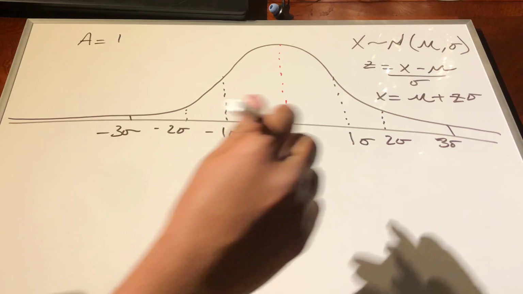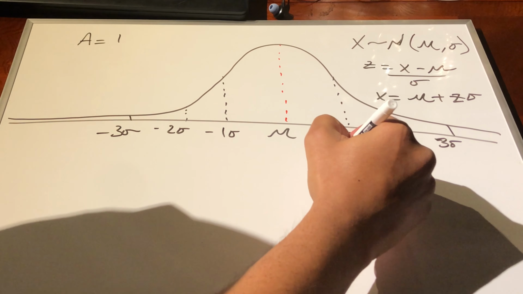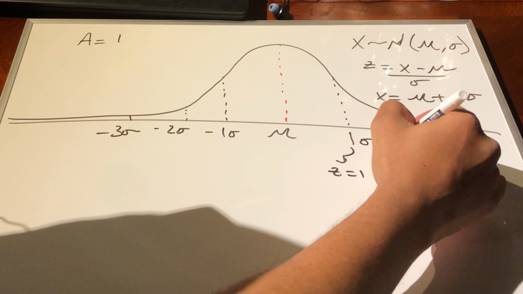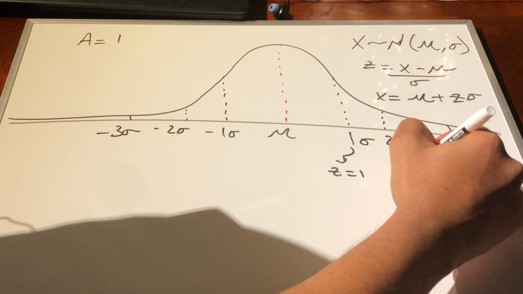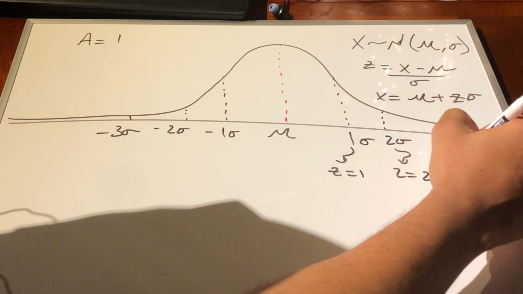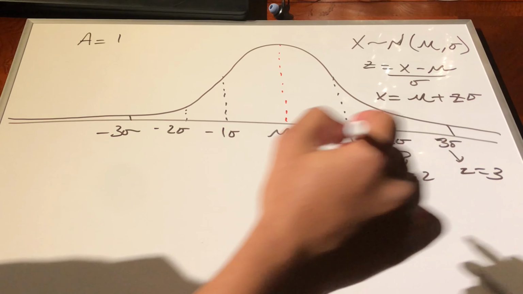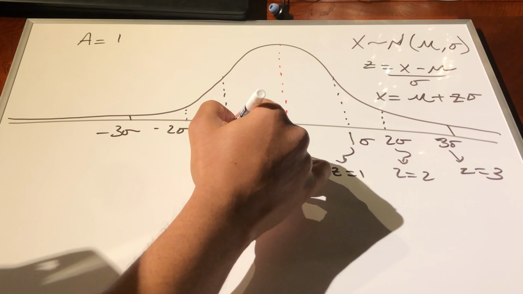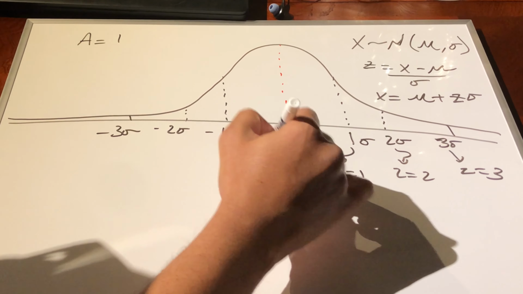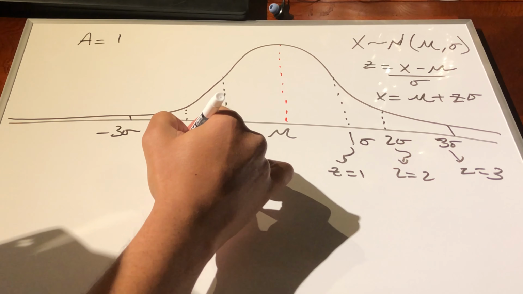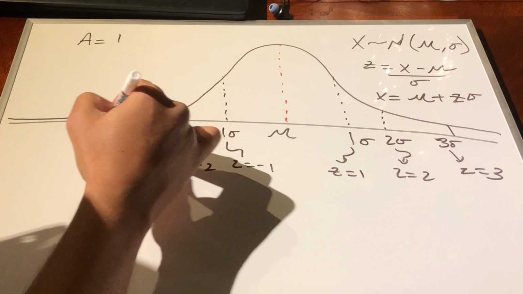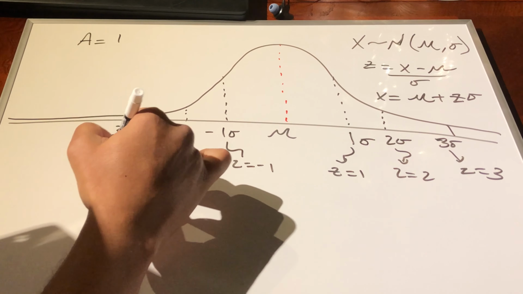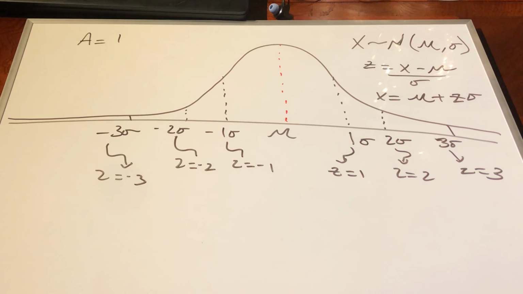Your z value for 1 would be z equals 1, this would be z equals 2, and this would be z equals 3. The same thing for this side: z equals -1, z equals -2, and z equals -3. All right, so those are your z-scores.